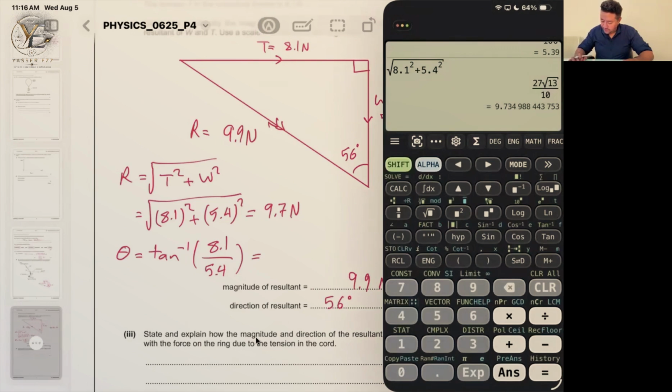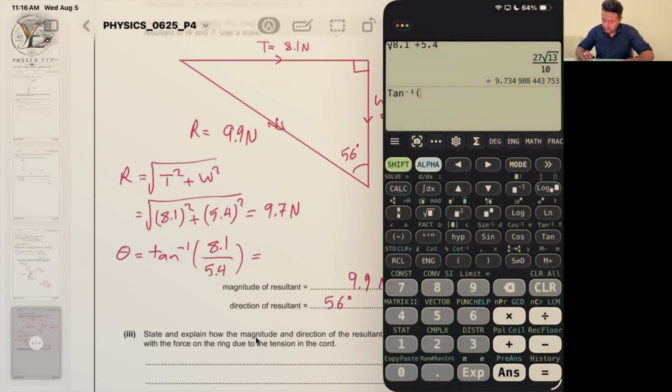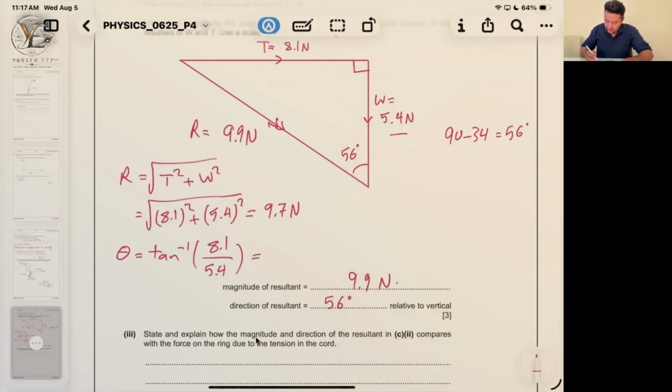So let's find the magnitude here. We have shift tan, and here is the fraction, 8.1 over 5.4, and then let's calculate that. It's 56.3, so it's 56 degrees. The angle is okay, 56 degrees.